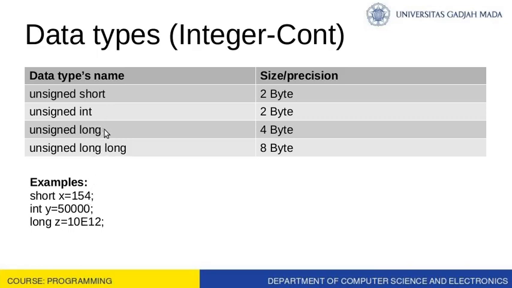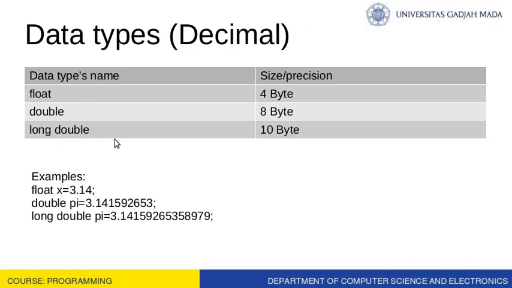Okay, and then for the decimal number, we can use one of these 3 data types. The first is float. Float is only 4 bytes, and then double is 8 bytes, and then long double is 10 bytes.